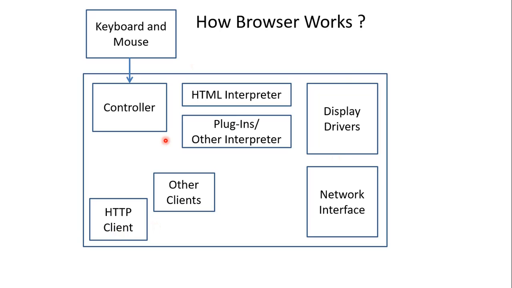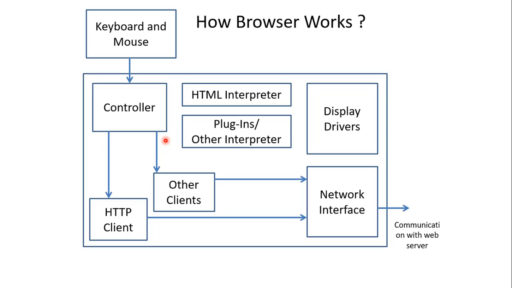So see the work: the controller goes into the HTTP client and other clients, then into the network interface, then communicates with the web servers. We have client and server applications, as I have explained in the HTML lectures. We have a response from the web servers, so we have an HTTP request and an HTTP response.